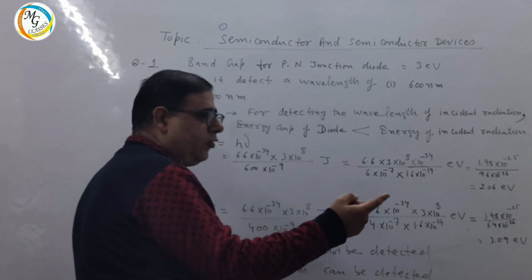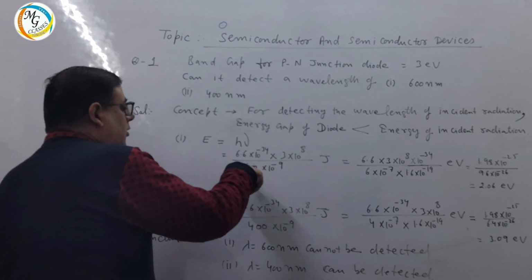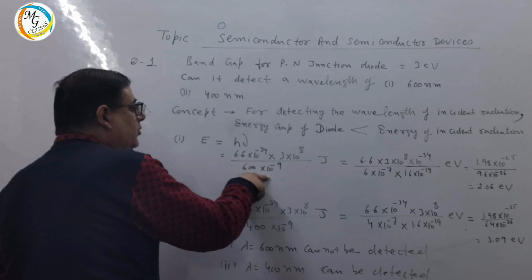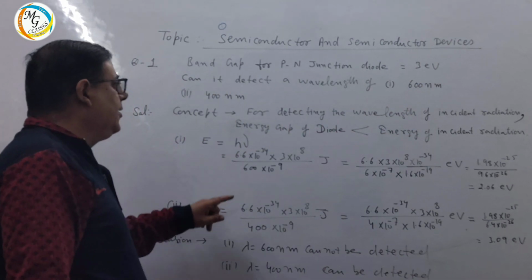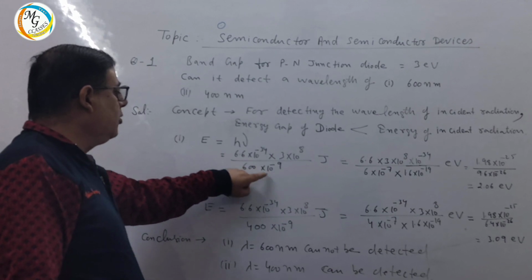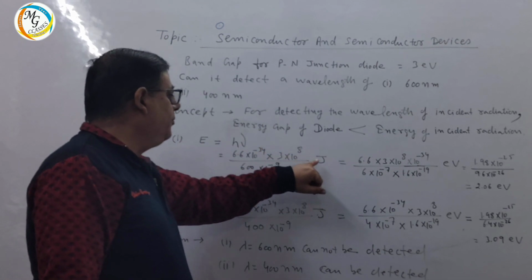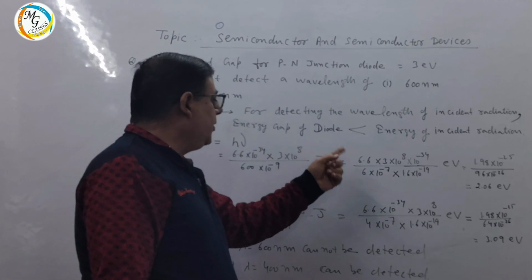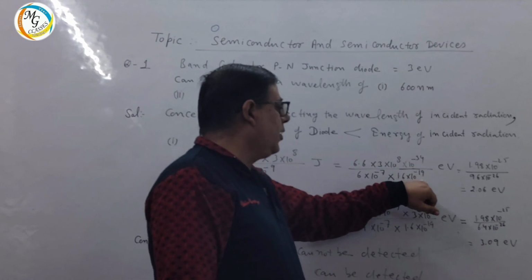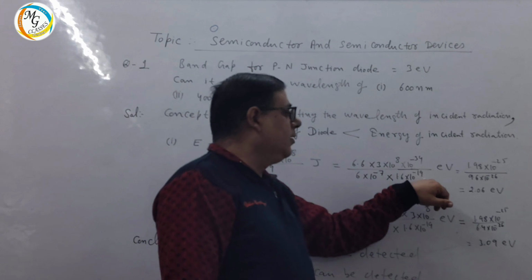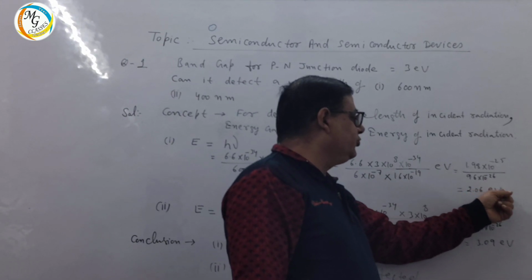C, the velocity of light in vacuum, is 3 into 10 to the power 8, and lambda, the wavelength of the incident radiation, is in the first part equal to 600 nanometer or 6 into 10 to the power minus 9... the value will come in joule, and I express the energy in electron volt by dividing by 1.6 into 10 to the power minus 19, and after simplification I got the value 2.06 electron volt.